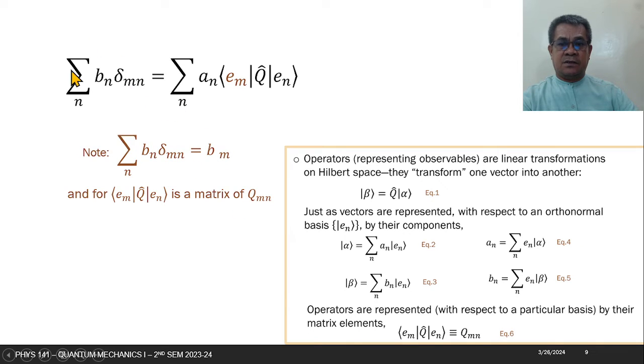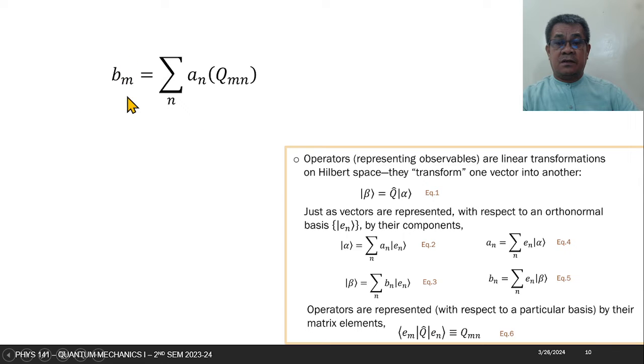So the whole expression on the left side is just equal to b_m, while this one, the inner product of e_m and Q e_n, is just the matrix element Q_mn. Therefore, b_m is equal to the summation of a_n with Q_mn.